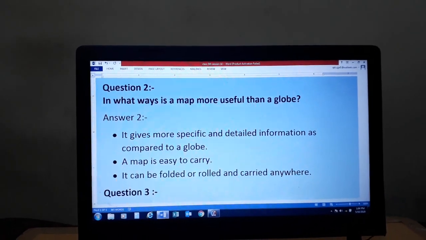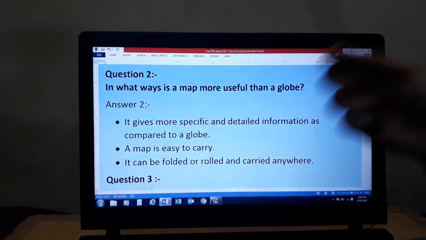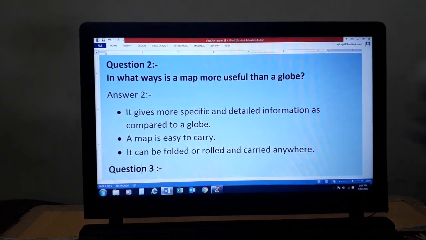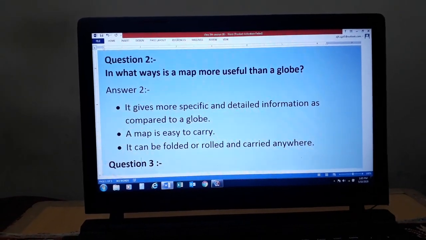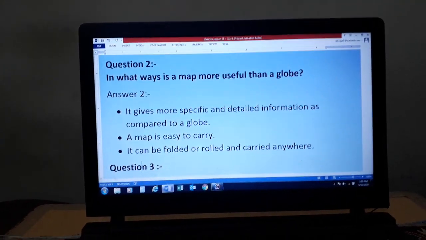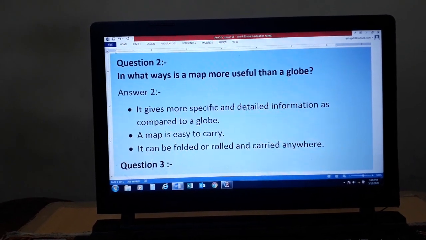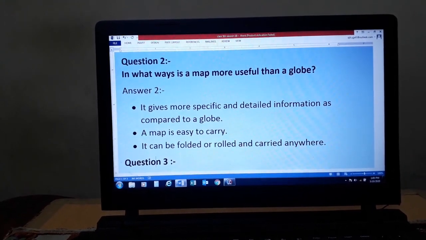Whenever we compare a map with a globe, the map gives us more specific and detailed information. For example, we have a political or physical map of India, students, where we can mark the states, we can get aware of the mountain regions, like that. A map gives us specific and detailed information.